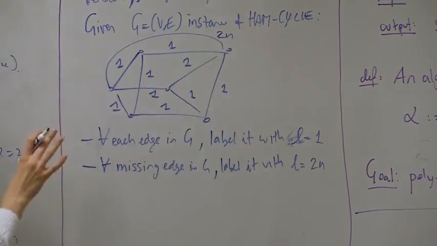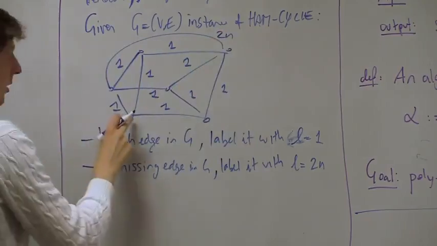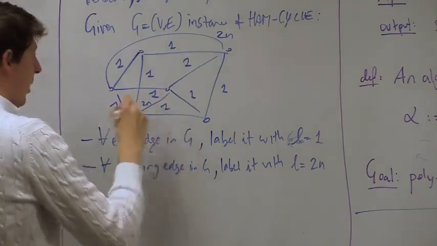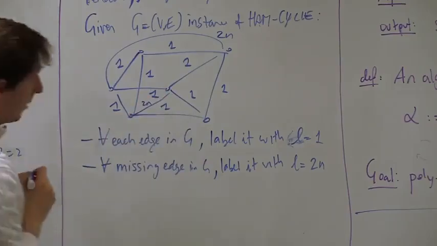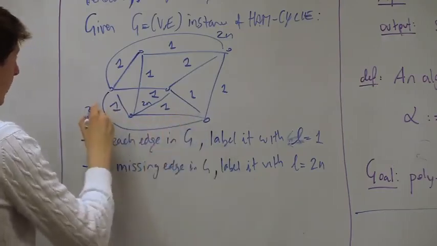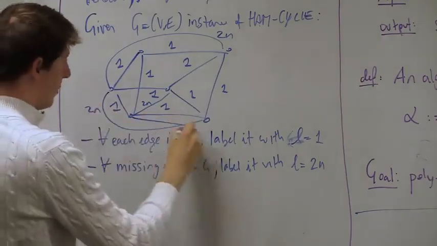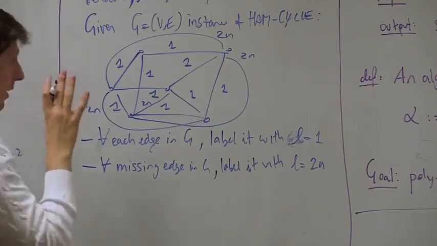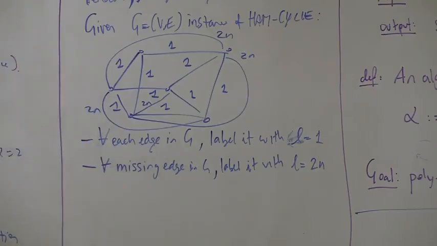The edge from here to here doesn't exist, so I'm going to put it here, 2n. For instance, this doesn't exist, so I'll put it. And so on and so forth. I'm not going to put all of them, but you get the picture. So of all the missing edges, among all the possible edges, I put them in and I label them very expensive, 2n.